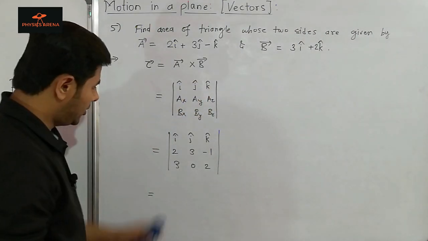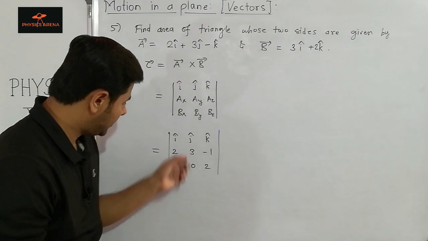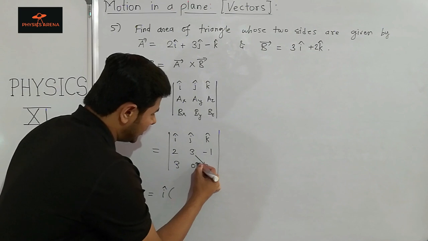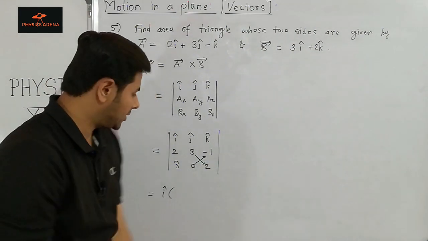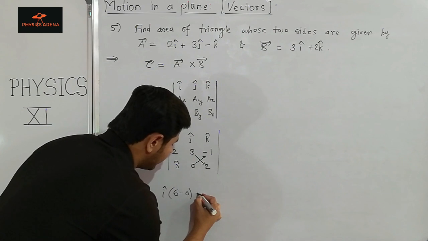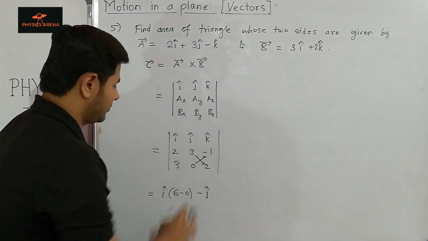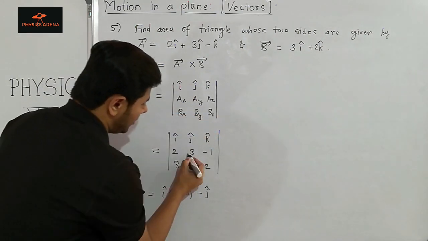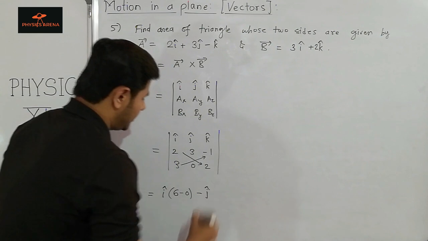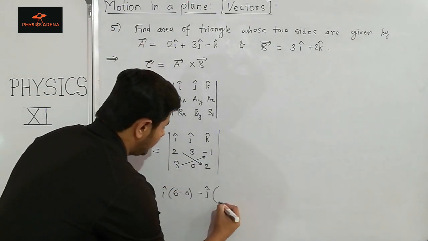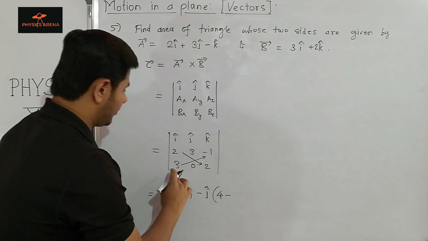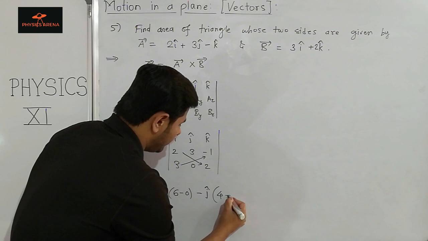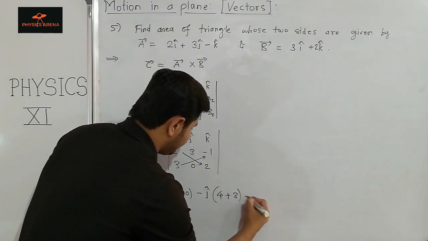Then we know how to solve determinants. So it is i multiplied by 3 into 2 minus 0 into minus 1, which is 0 basically. So 3 2s are 6 minus 0, minus j cap times, hide this row, this column, so we have 2 into 2 minus 3 into minus 1. So 2 2s are 4 minus 3 1s are 3 with this negative sign, which makes this positive, so 3.